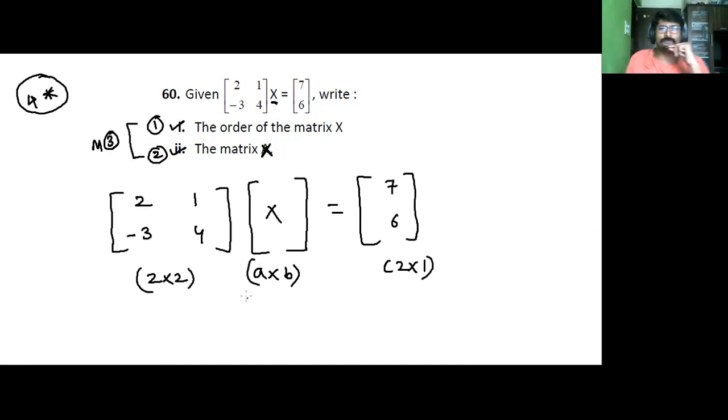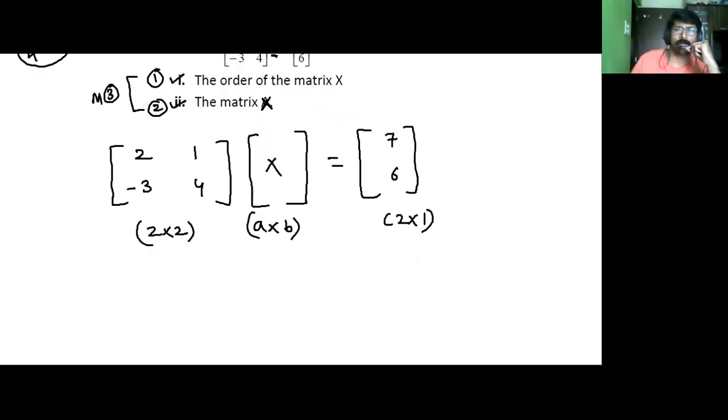Now, how will we figure it out? What is the order of this second matrix? So A has to be the same as 2. Write it up, guys, keep writing. Let order of matrix X be A cross B. Now we can simply write it down.